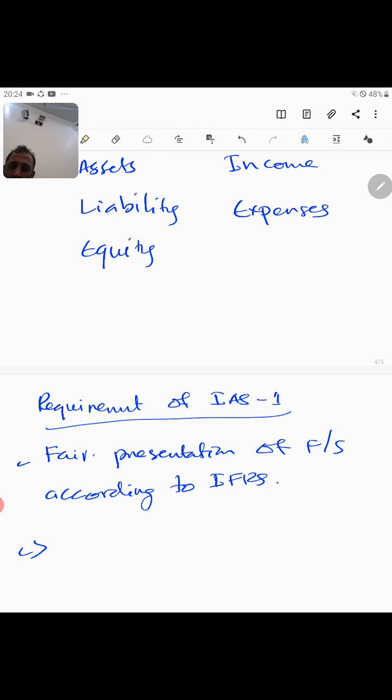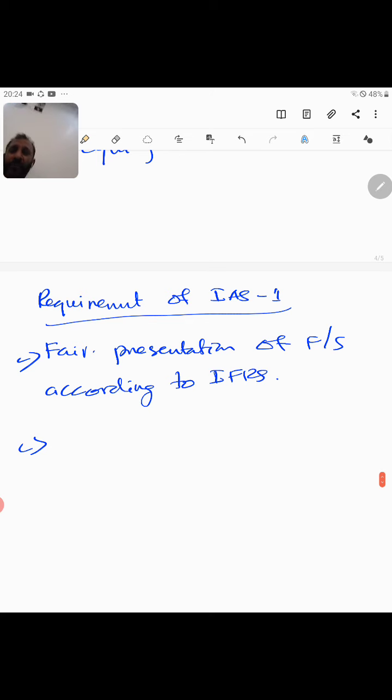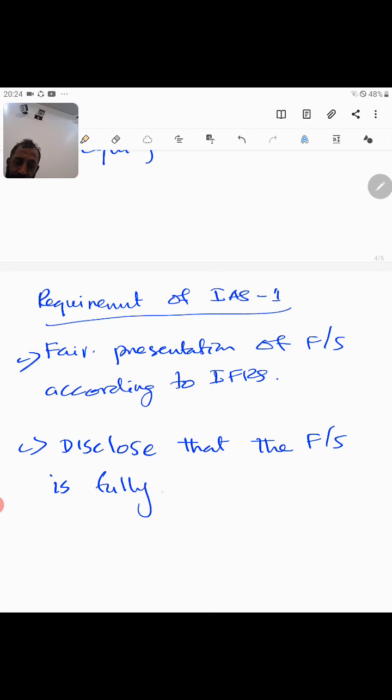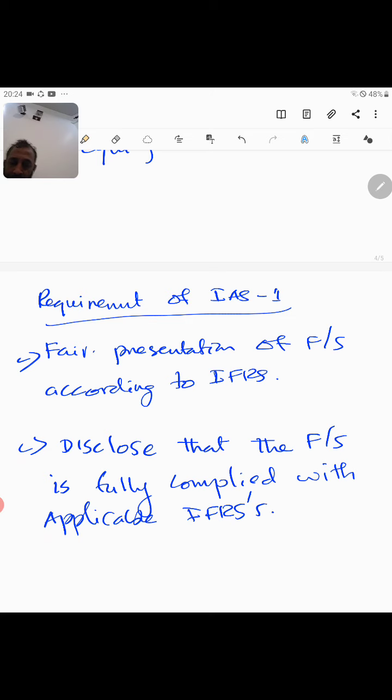We have to make a disclosure in the financial statements that the financial statements are fully complied with applicable IFRS. So that we need to disclose.